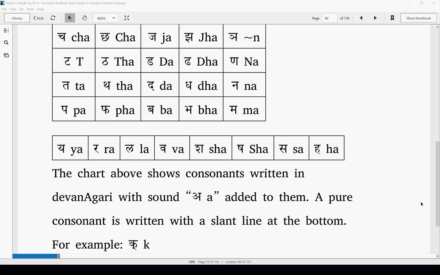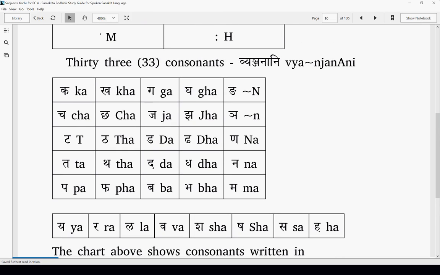But if any consonant other than this last line is following that nasal, then depending on what line it is, we pronounce the last column of that line.